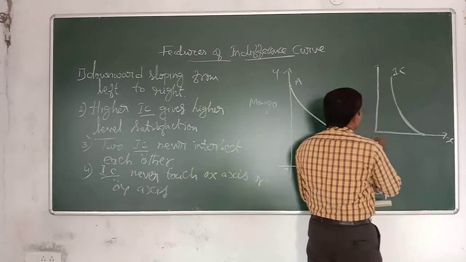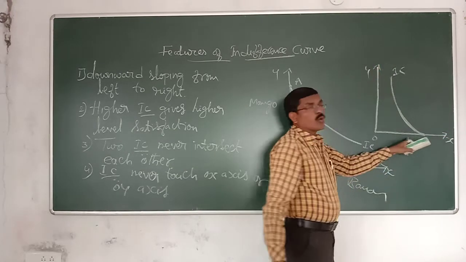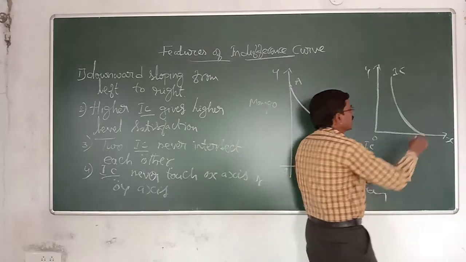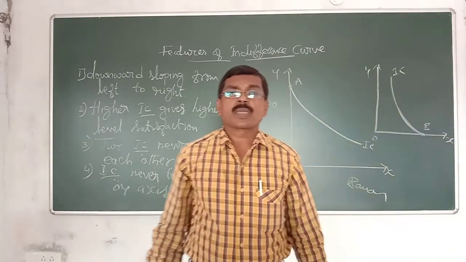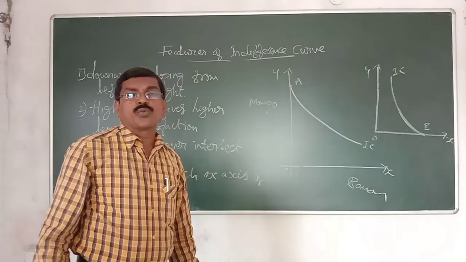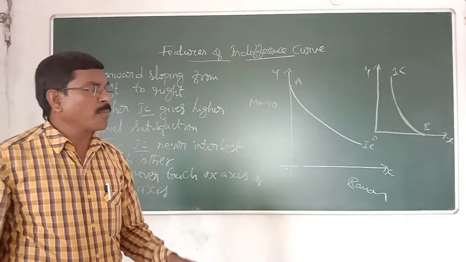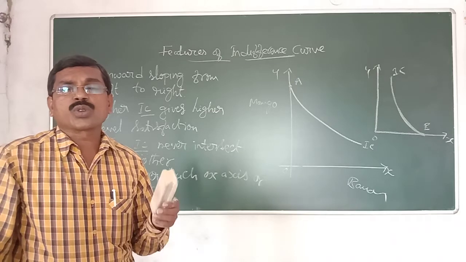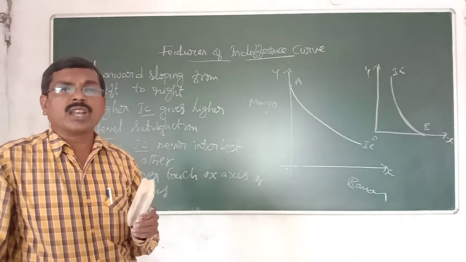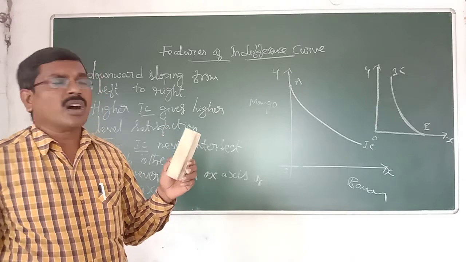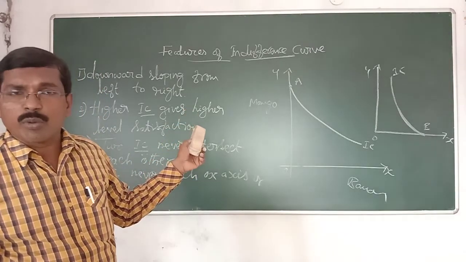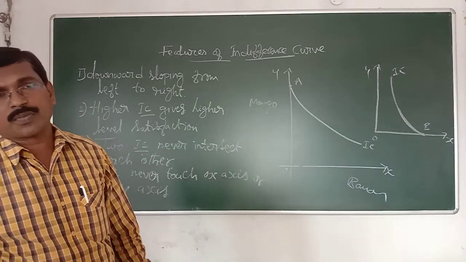At the B combination on the OX axis, a consumer purchases banana only, so he cannot purchase mango. It is also opposite to our principle. So we take the two-goods example model. That's why an indifference curve never touches the OX axis or the OY axis.